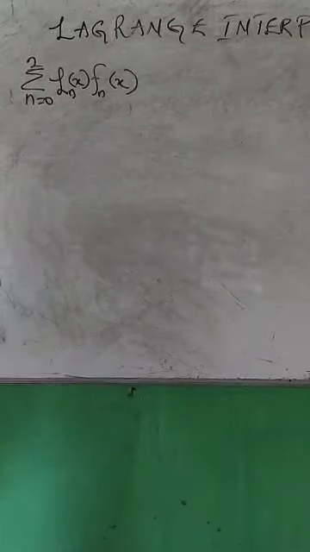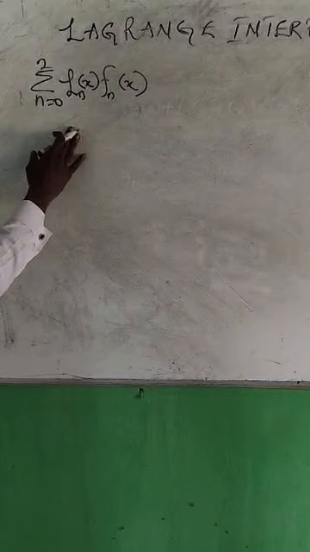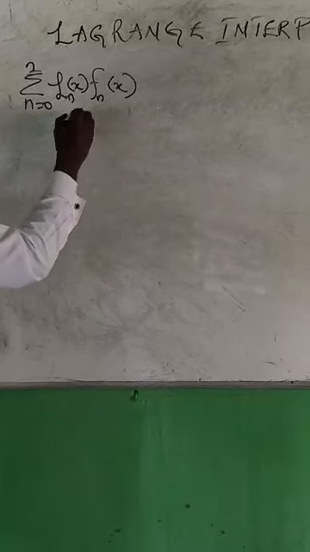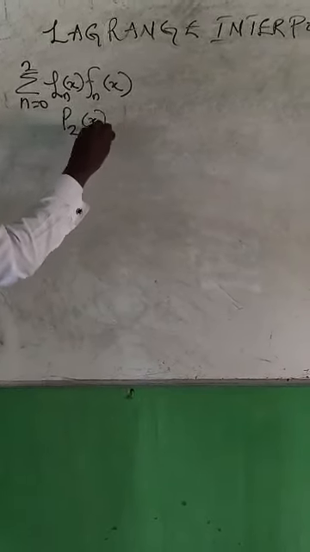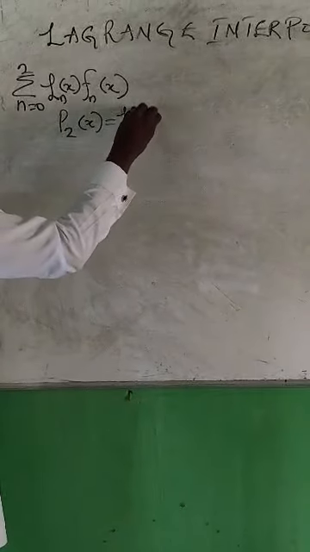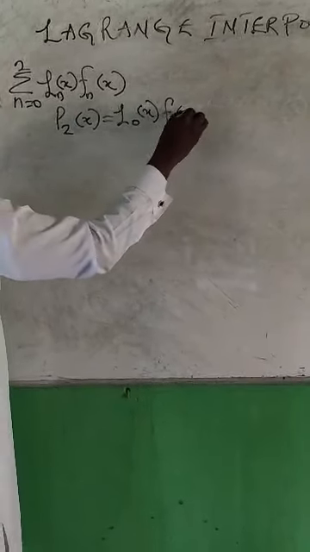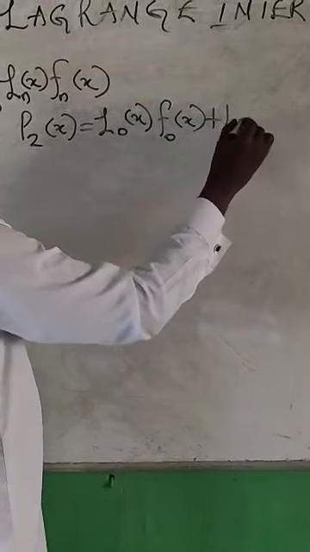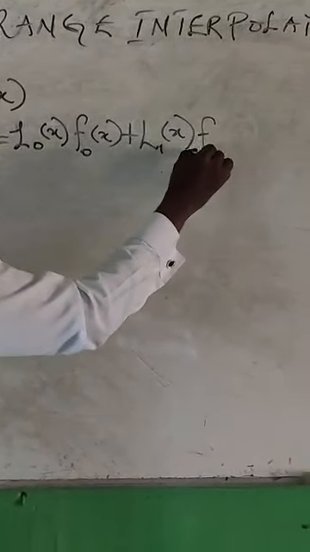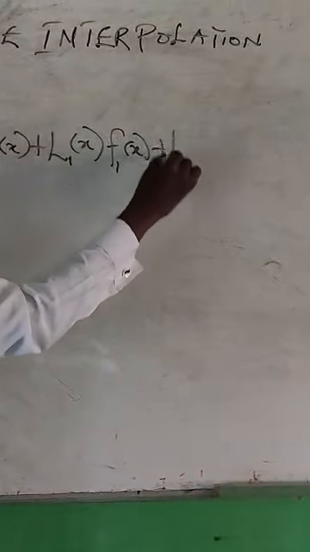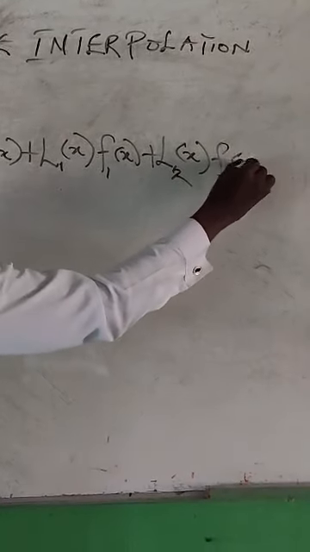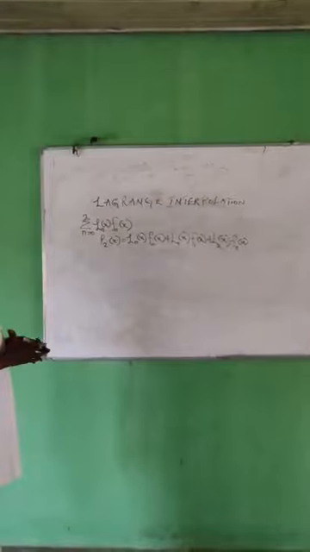This sum total is a reflection of the general Lagrange form for the quadratic interpolating polynomial: polynomial 2 function of x is equal to L naught function of x subscript 0, plus L subscript 1 function of x function subscript 1 of x, plus L subscript 2 function of x subscript 2. This is the quadratic interpolating polynomial expression for Lagrange.